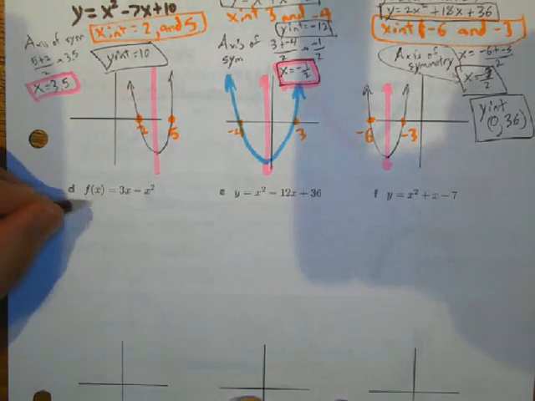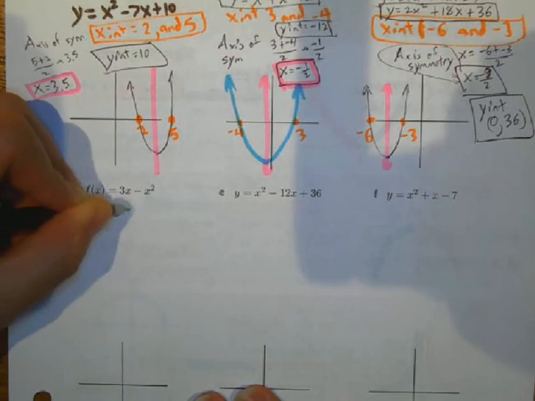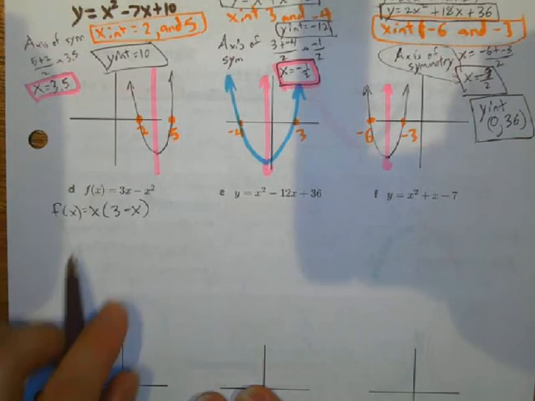If I'm going to factor this, I could say f of x equals x times 3 minus x. I can factor an x out of both terms.